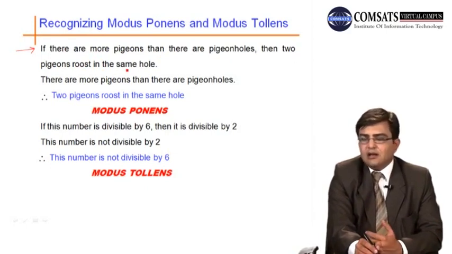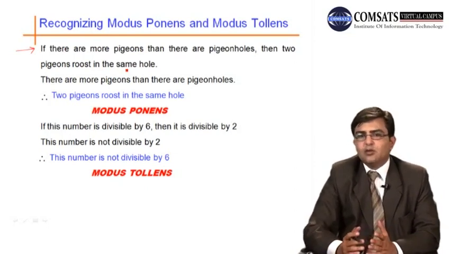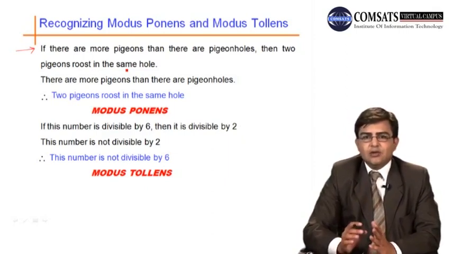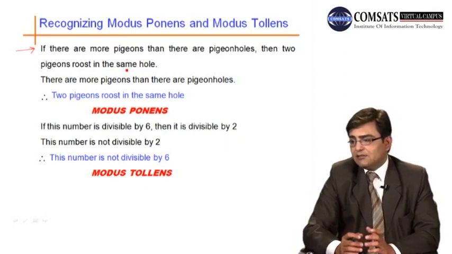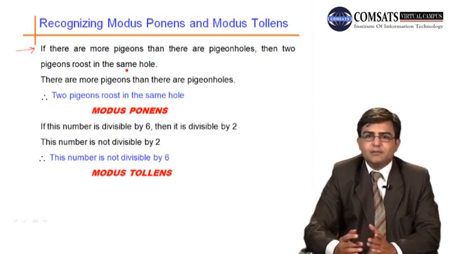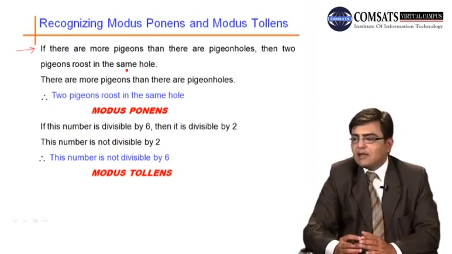It means अगर आपके पास pigeon holes कम हैं और pigeons ज़्यादा हैं, then two pigeons, the दो कबूतर roost in the same hole, दो कबूतर जो है at least, then two pigeons roost in the same hole, दो कबूतर एक ही pigeon hole means कबूतर का जो पिंजरा है उसमें बैठेंगे.